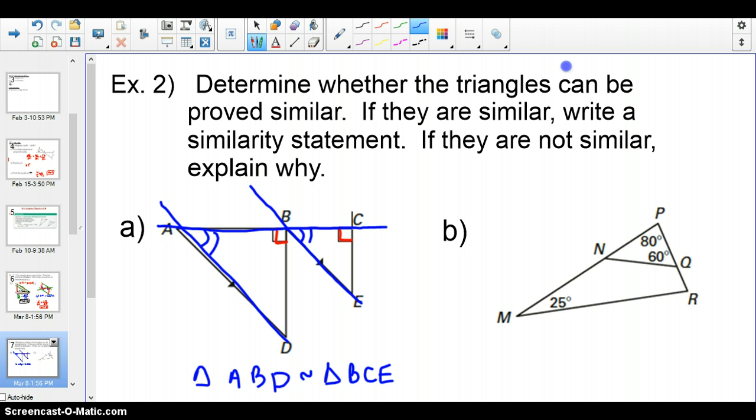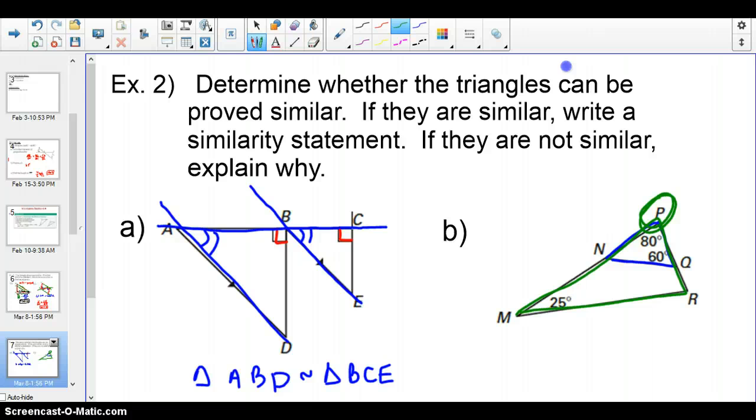Okay, let's look at part B. We've got a bunch of angles here. I want to know if this triangle here in blue is similar to this one in green. This 80-degree angle at angle P is shared by both of my figures, but I need at least another angle that I know is the same on both.